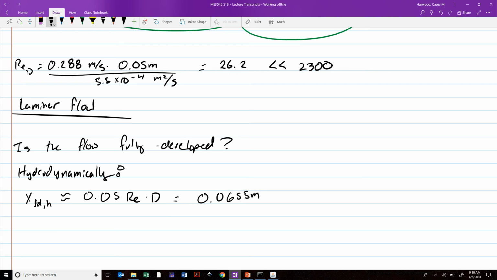Compared to the overall length of the pipe, this is really small.